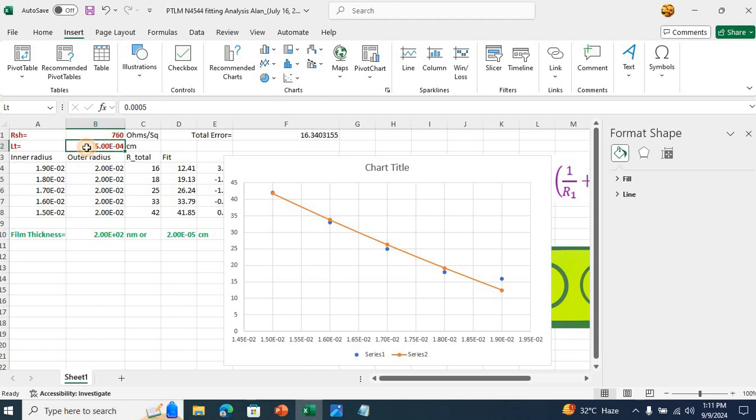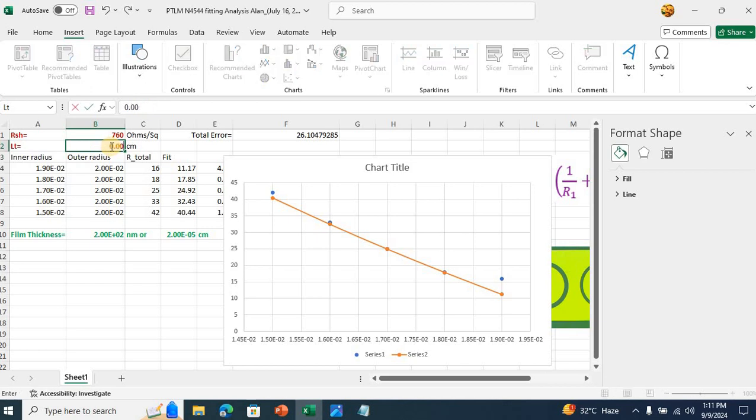And also, what is the effect of the transfer length? The value for the transfer length right now is 0.0005 centimeter. What if I decrease it to 0.0004, for example? Not a great fit. Or if I increase it to 0.0007?